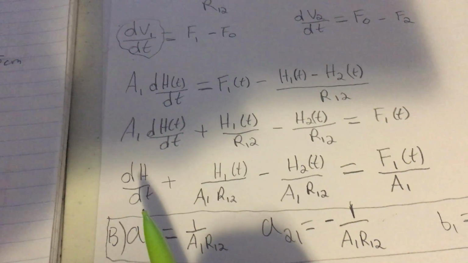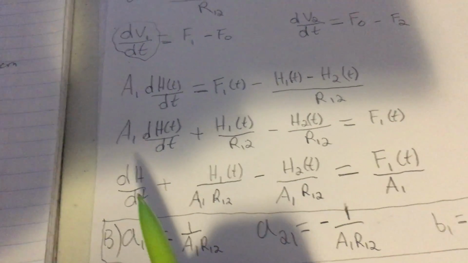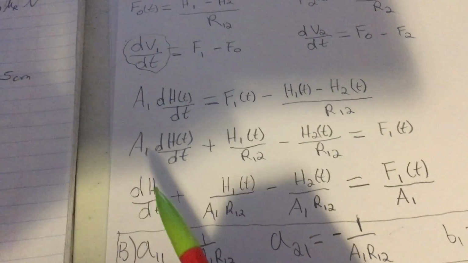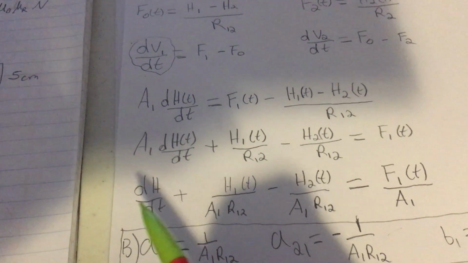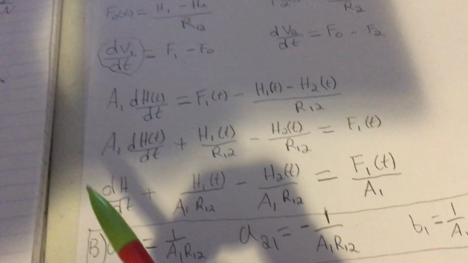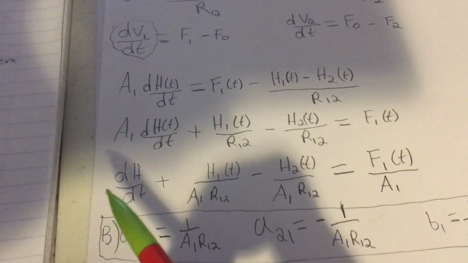The change in time is at 0 at that point, so to speak. So this value is 0. The height's no longer changing. It's reached its maximum value or its steady state value, so we don't have to worry about it.